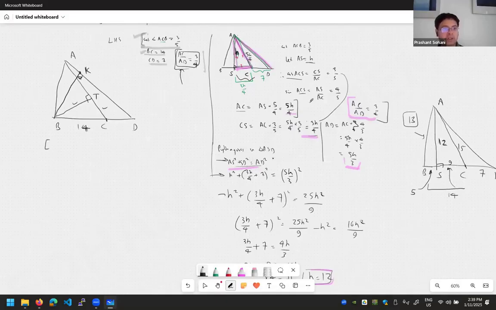So if you look at the area of triangle ABC, that is half base into height, and I will use the base as AC. So the area of ABC will be half into the base into height, okay. And same, I can write the area of triangle ABD also. That is also half into, so here the height is BK and the base is AD.